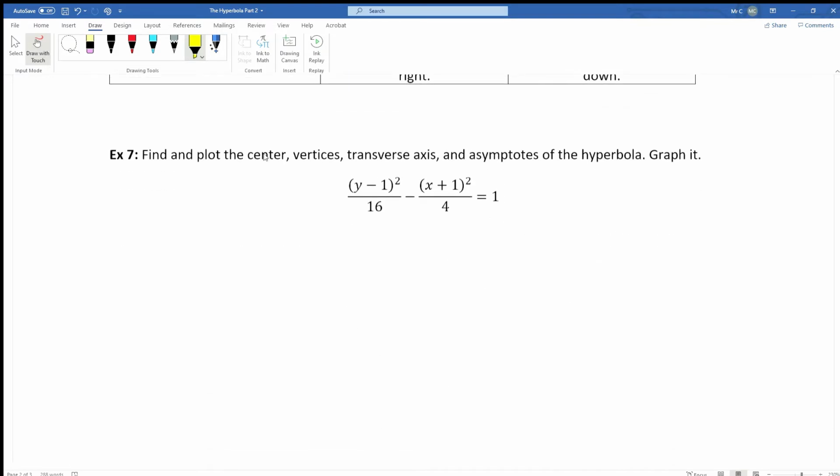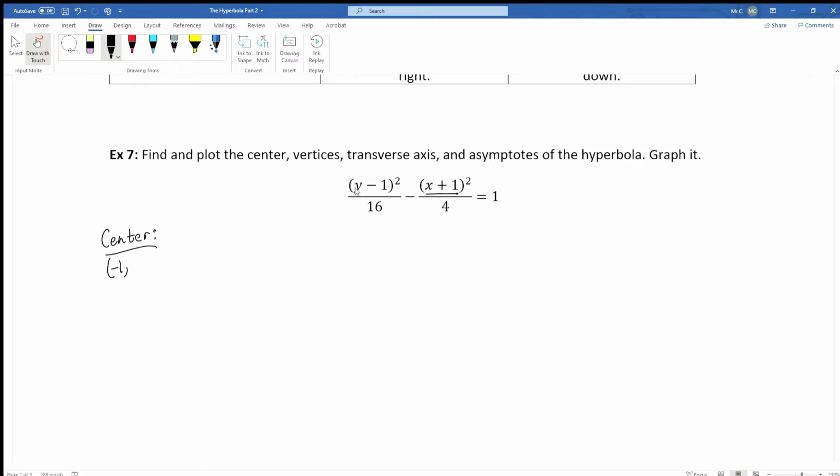All right, so find and plot the center, vertices, transverse axis, and asymptotes of the hyperbola and graph it. So our center, well, we have to look at our x. It's x plus 1, so that's negative 1 for the x value, h.